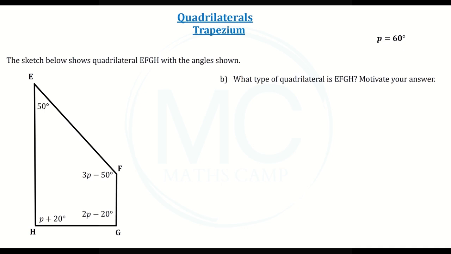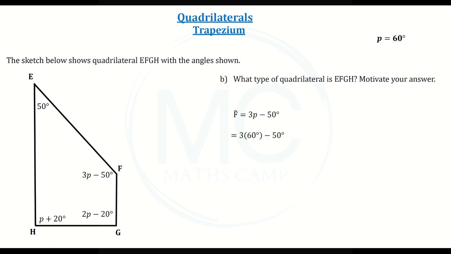Now let's look at angle F. You can say angle F is equal to 3P minus 50 degrees. P is 60, so we get 3 multiplied by 60 degrees minus 50 degrees.